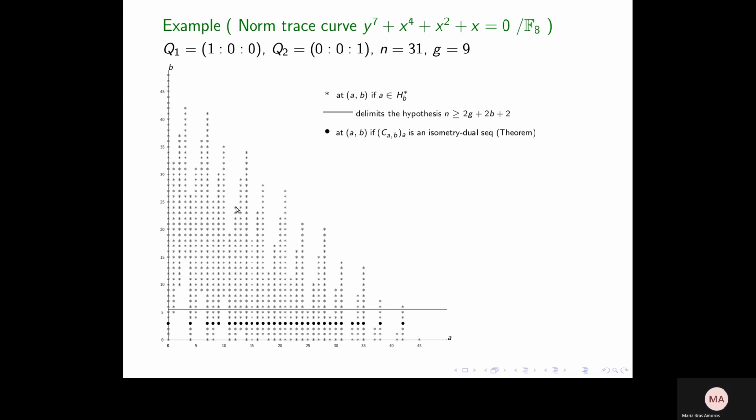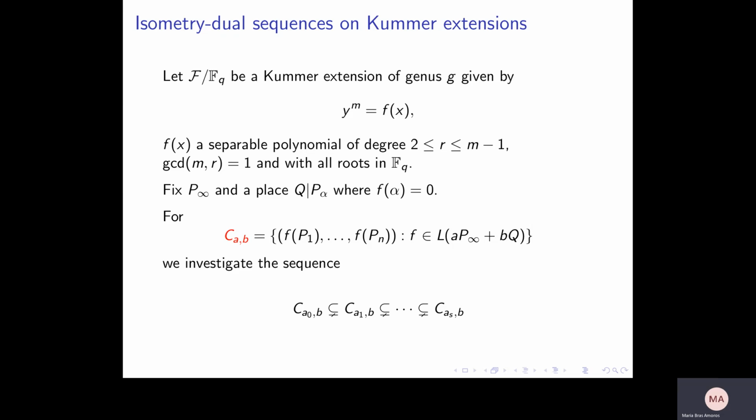We analyzed our results over a Kummer extension given by the formula y to the n equal to f of x, where f of x is a separable polynomial of bounded degree. In this case, the 2 points are the point at infinity and the point corresponding to a root of f. We define CAB as before.